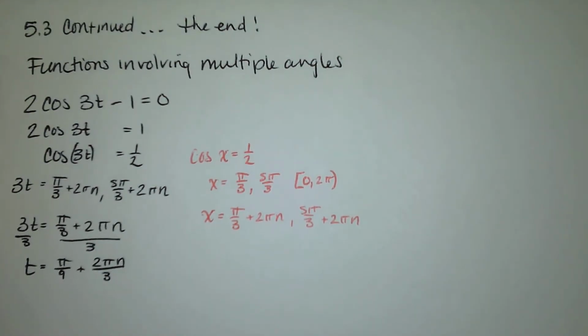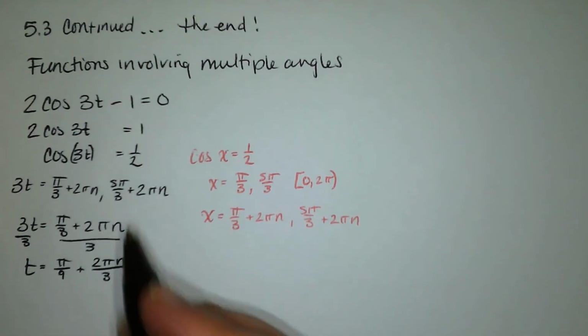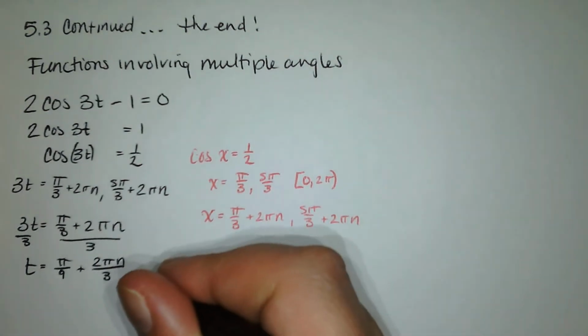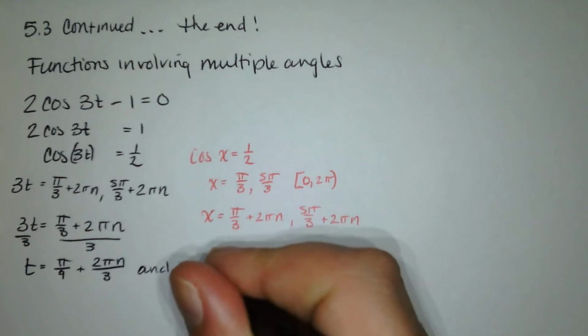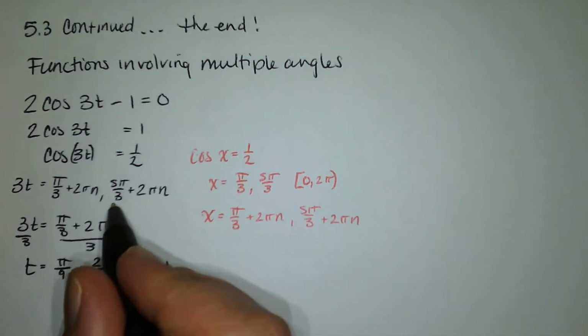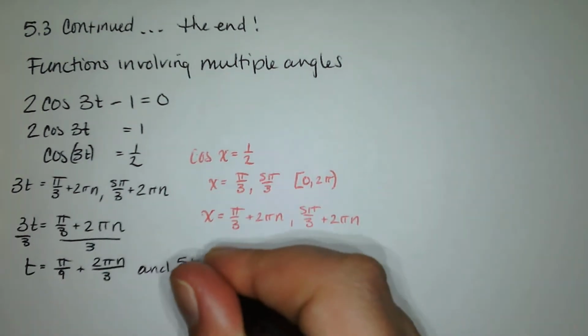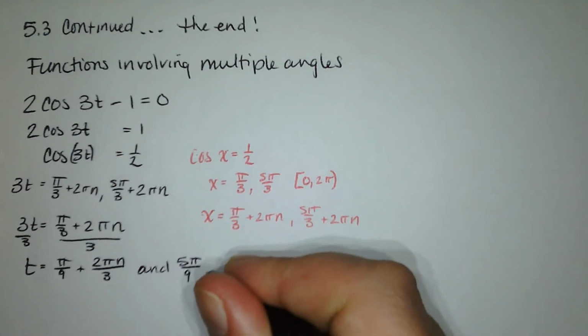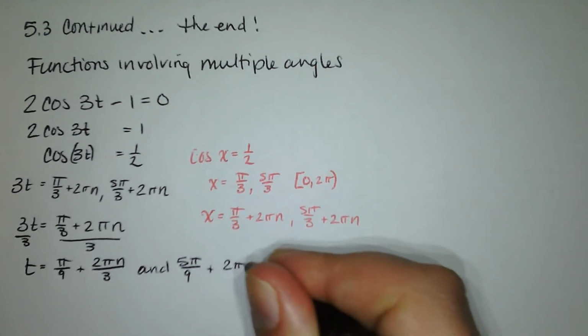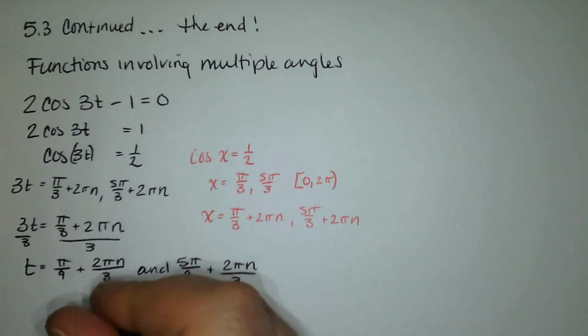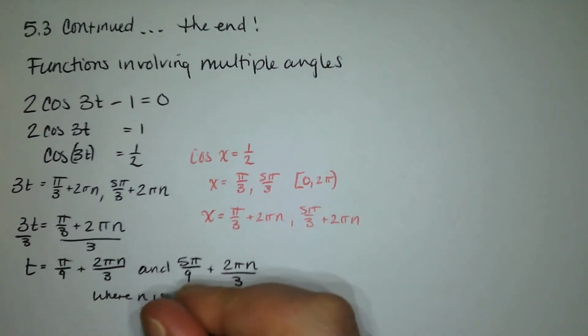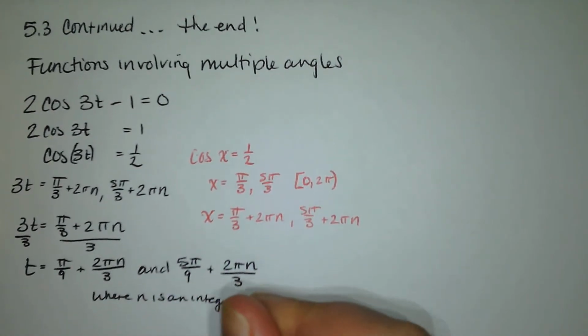Yeah, I know, it's a little bit weird, but that's how we have to do it. And we can apply that over here, so the other answer will be, if we take this answer and divide it by 3, we're going to get 5 pi over 9 plus 2 pi n over 3, once again, where n is an integer.